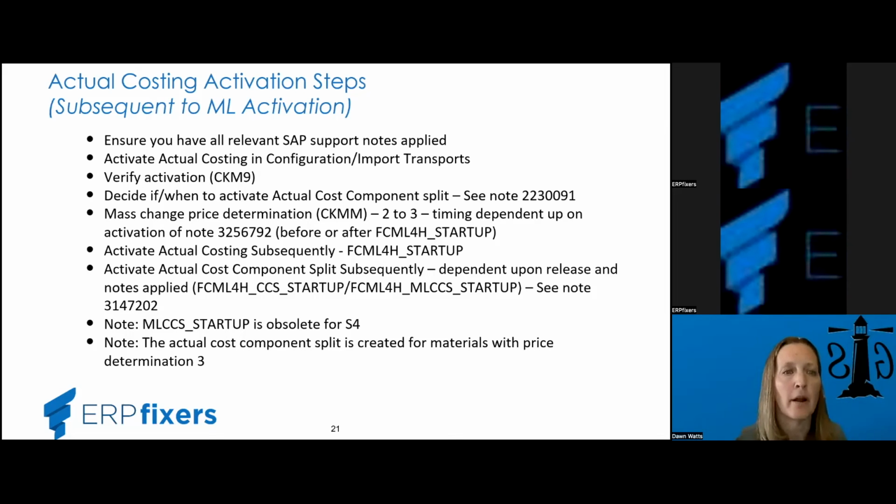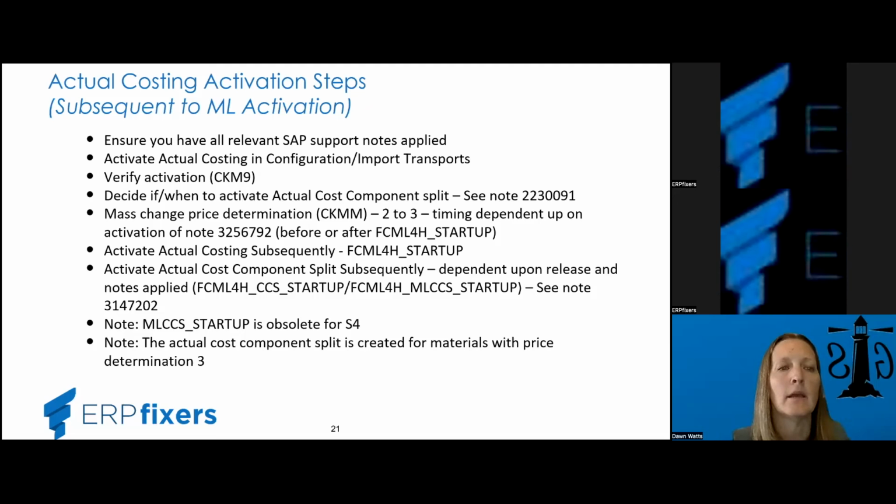And then going through and verifying that. You want to verify that everything is activated that you have set up. Some key notes there: you want to decide when to activate your actual cost component split. So this is important if you decide you want to activate the actual cost component split. There's a note here that talks about that process and just being aware of that.